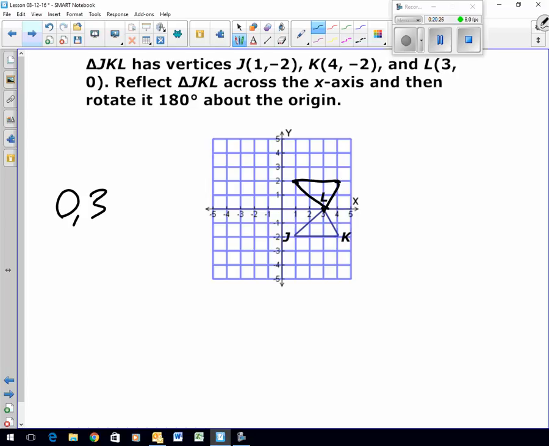3, 0. All right. Now, go over here to this side of the board. Reverse all of the x and the y coordinates.